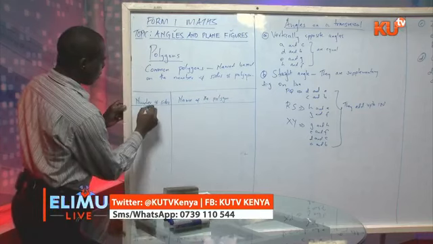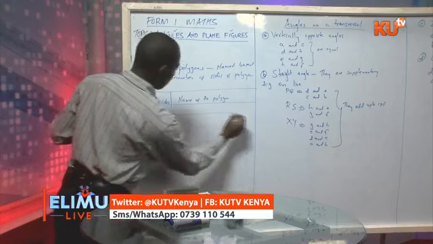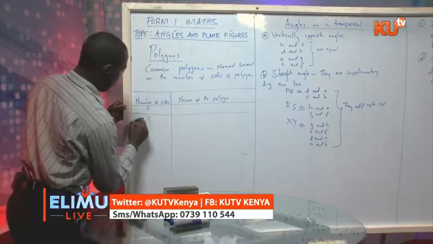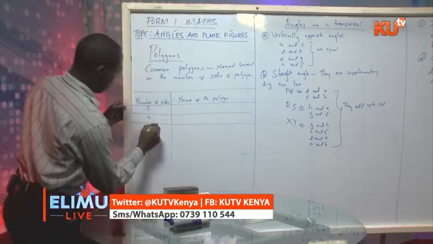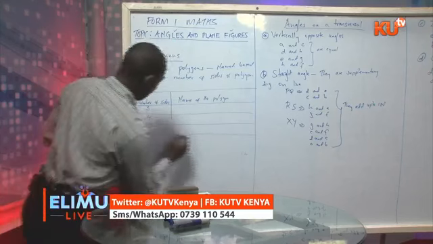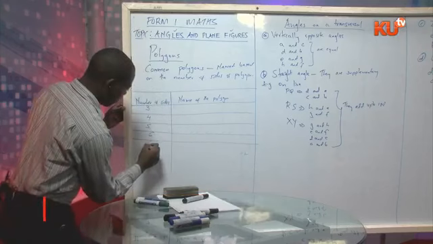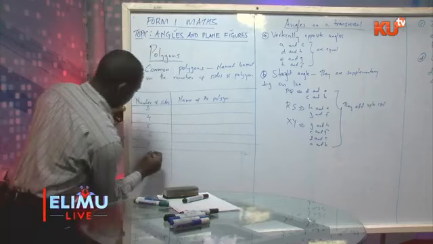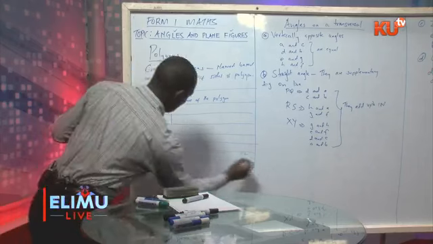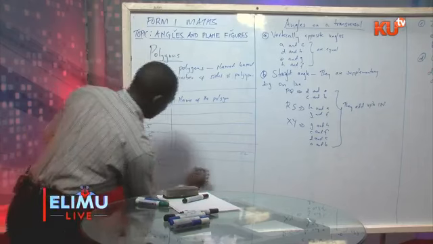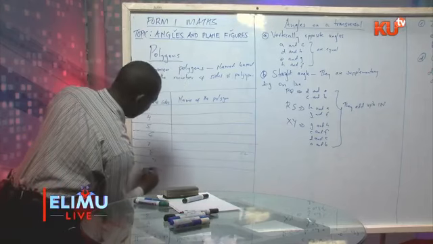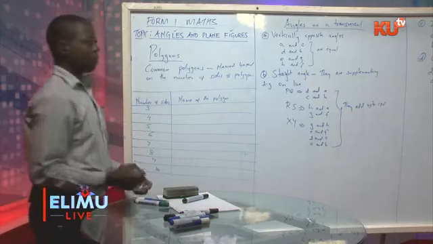We start with the lowest number, which is 3. We go to 4, 5, 6, 7, 8, 9, and lastly, a polygon with 10 sides.